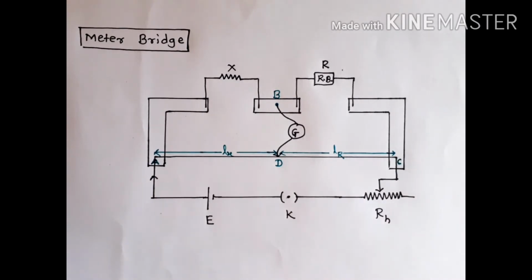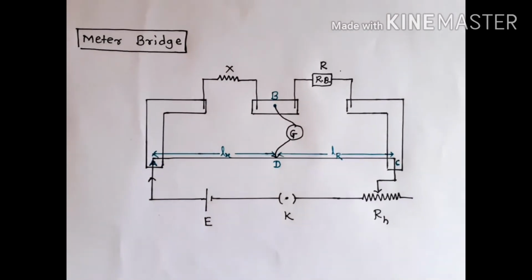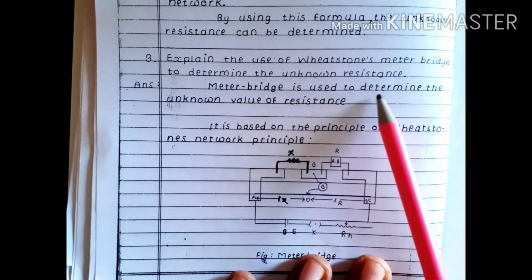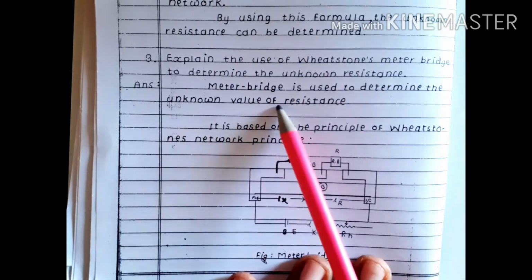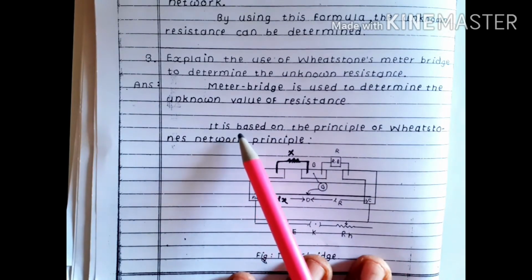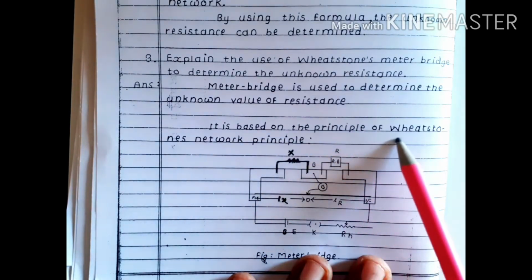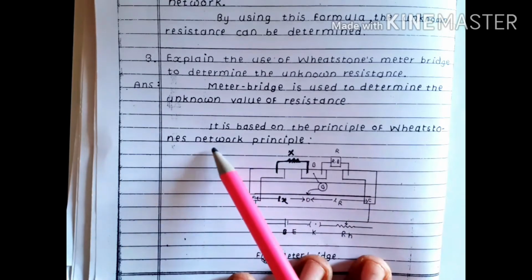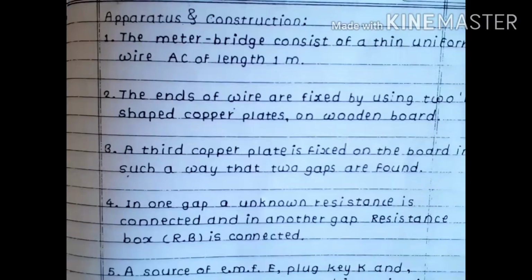And this is the construction of the meter bridge. Now let us see that construction. The meter bridge is used to determine the unknown value of resistance. It is based on the principle of Wheatstone's network.